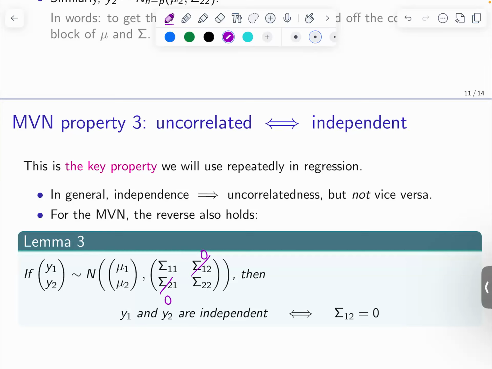Then y1 and y2, these two vectors, are going to be independent. And the reason why they're independent is once you write down the density, it factors into two pieces. So f of y would be f_y1 of y1 times f_y2 of y2.